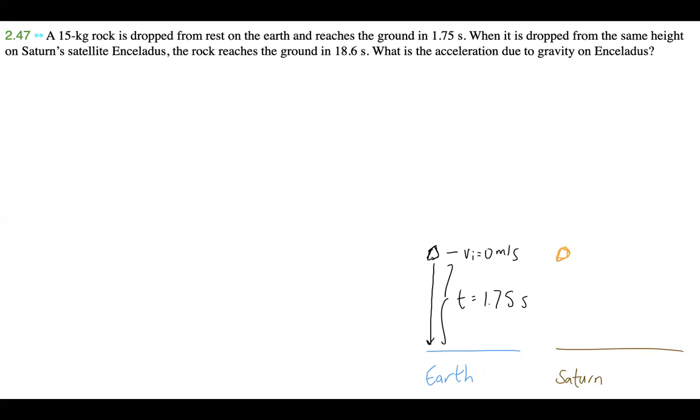The rock is dropped on Enceladus from rest, so Vi is equal to 0 meters per second, and it reaches the ground in 18.6 seconds. Let me label that as the time.